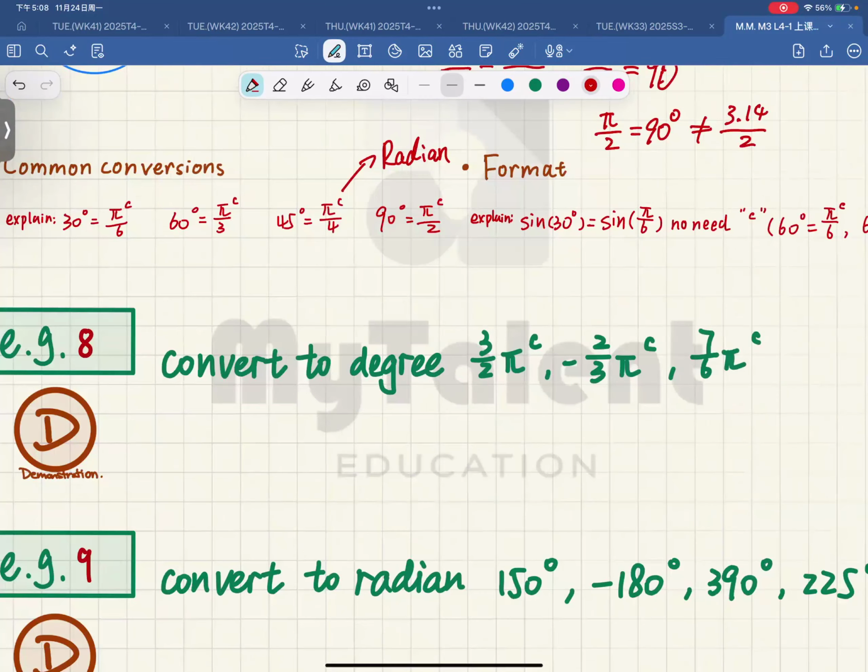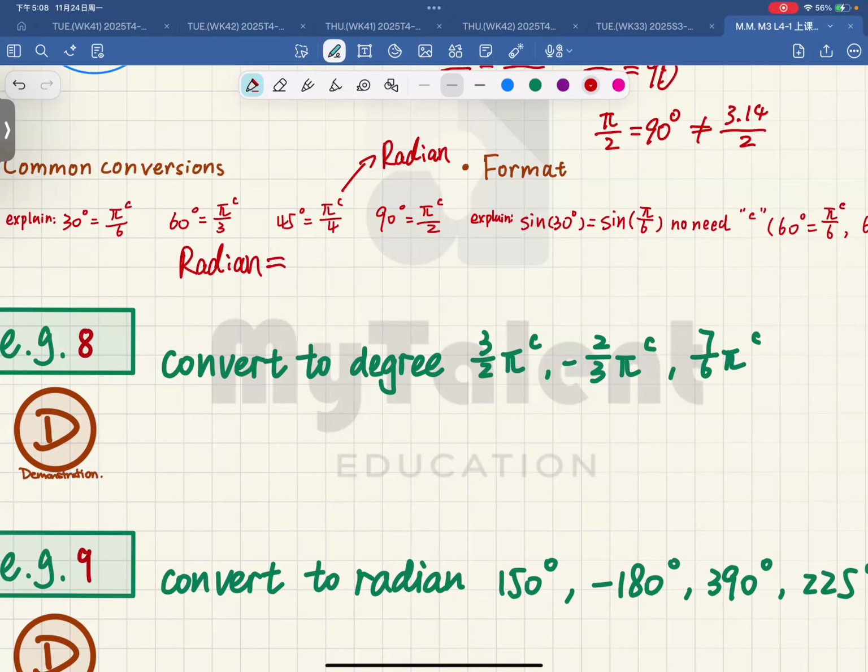Now, convert to degrees: 3 over 2 pi, minus 2 on 3 pi, and 7 over 6 pi. So convert degree to radian and radian to degree. Can anyone remember how to convert degree to radian? No idea?